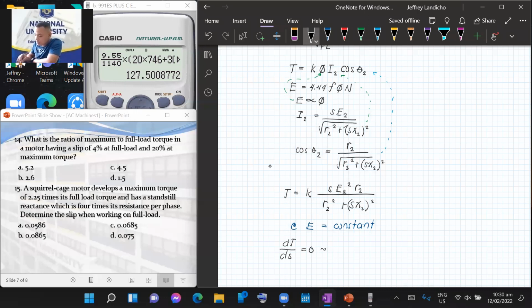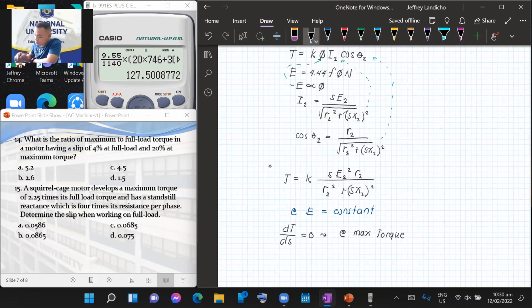So, eto makikita natin dyan. Hindi ko na siya i-derive. To achieve maximum torque, eto makikita natin condition that the rotor resistance is only equal to S multiplied kanina X2. So, that is the condition to achieve maximum torque.